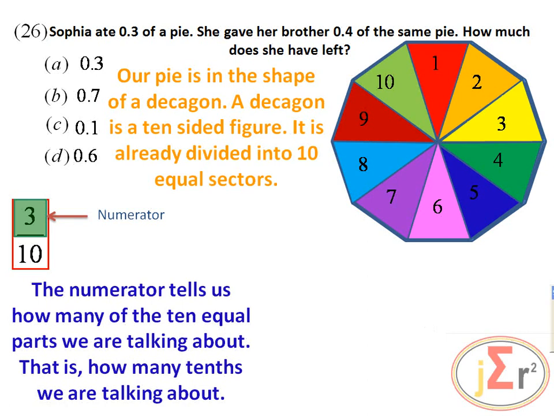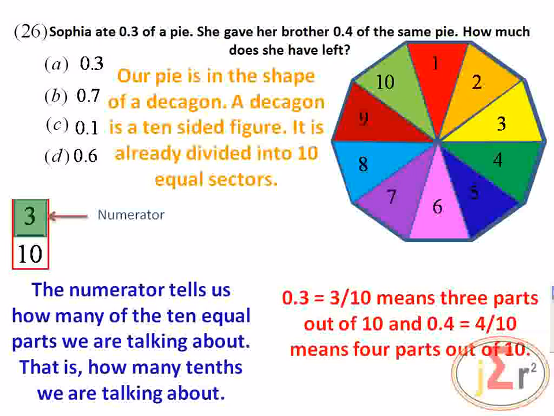That is, how many tenths we are talking about. 0.3 is equal to 3 tenths. What does that mean? It means 3 parts out of 10. And 0.4 is equal to 4 out of 10, or 4 tenths, which means 4 parts out of 10.